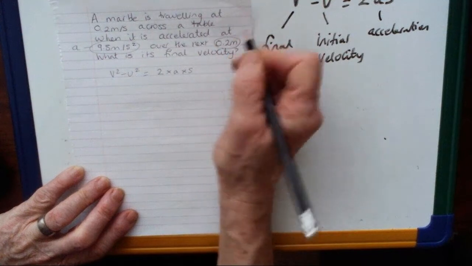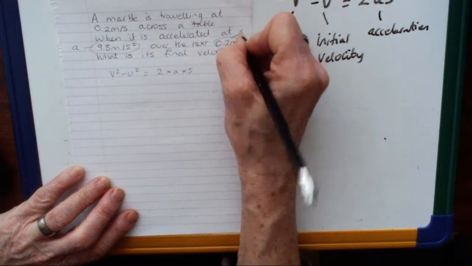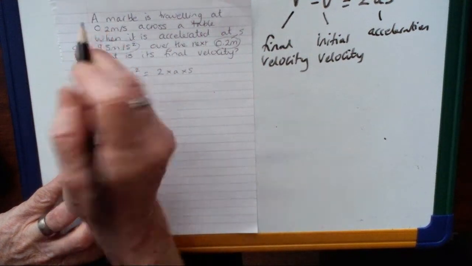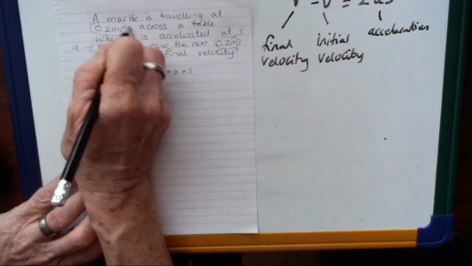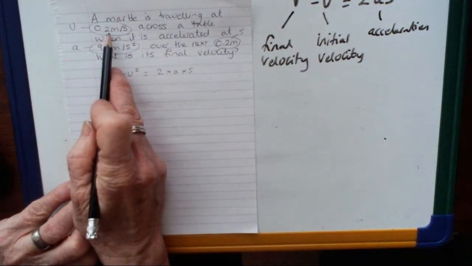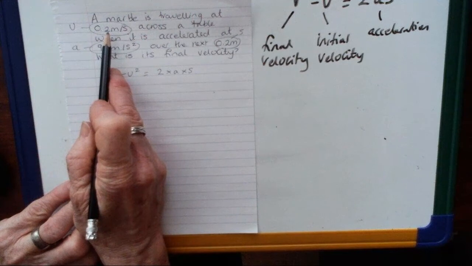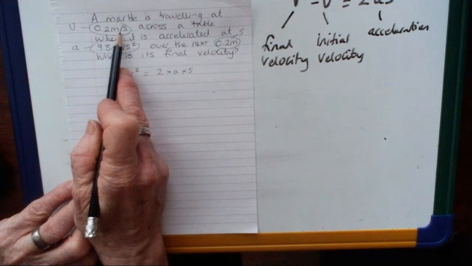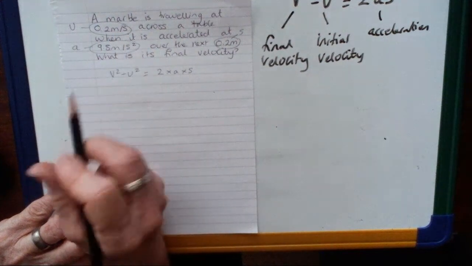That's our 0.2 meters, that's our distance, the s part of the equation. It's already travelling at 0.2 meters per second, so it has an initial speed, that's our u. Be careful, if the question says it's at rest, then that means it's got no speed, it's obviously stationary.